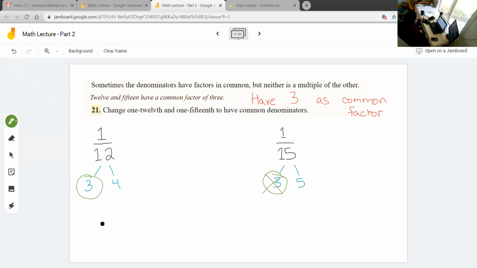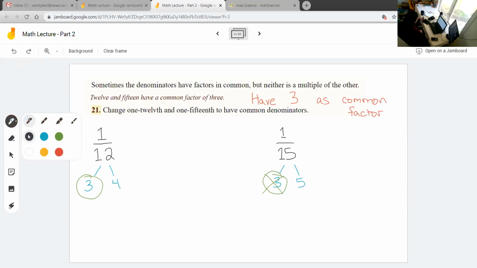And then step 3 is the non-crossed out leaves, I will multiply. For some people, it helps them to circle the ones that are distinct.